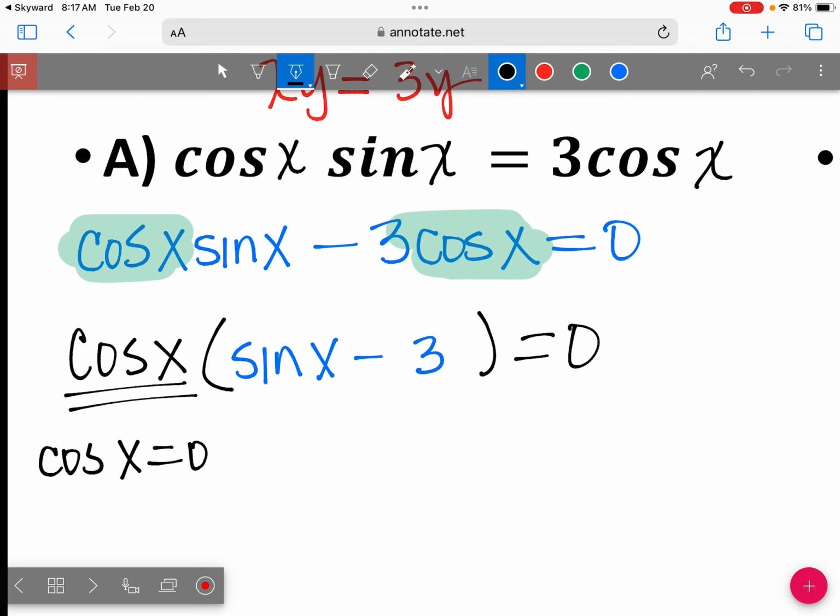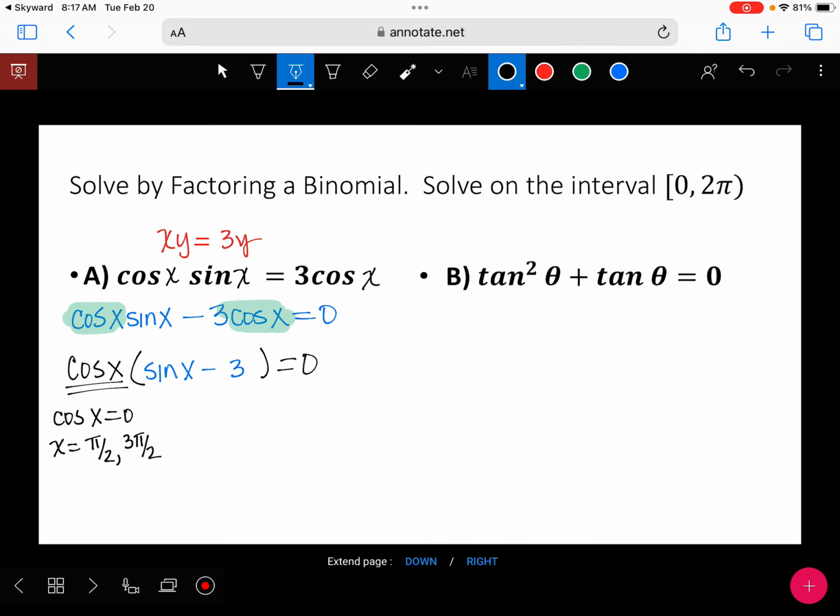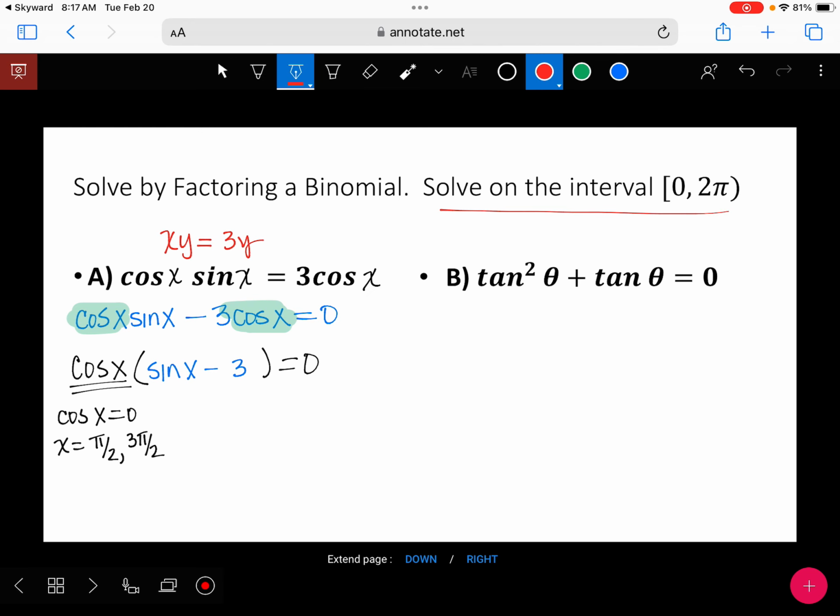Yep, so pi over 2 and 3 pi over 2. I want to make sure you see this part here. This is really important. Where it says the interval, that means I'm going from 0 to 2 pi. Notice that 0 is included because it has a bracket. 2 pi is not because it has a parentheses.